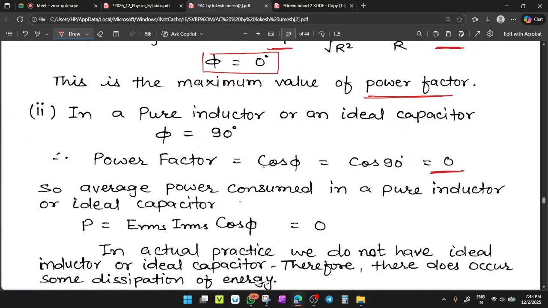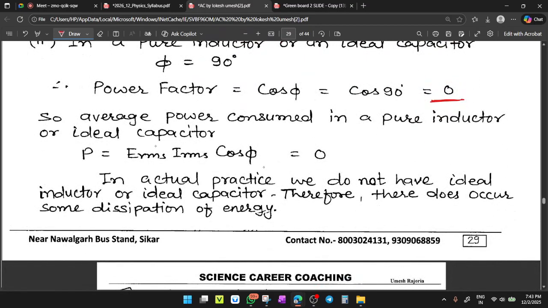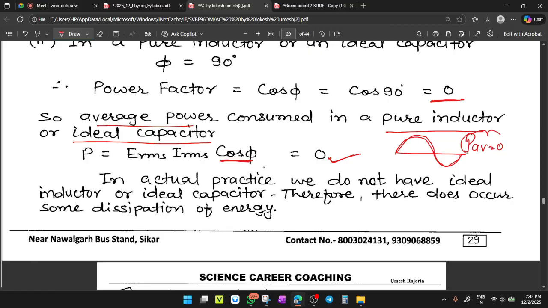And the time average power consumed in a pure inductor or ideal capacitor, whenever cos phi equals 0, will give you the value 0. It means during a full half cycle, the average power consumed equals 0.